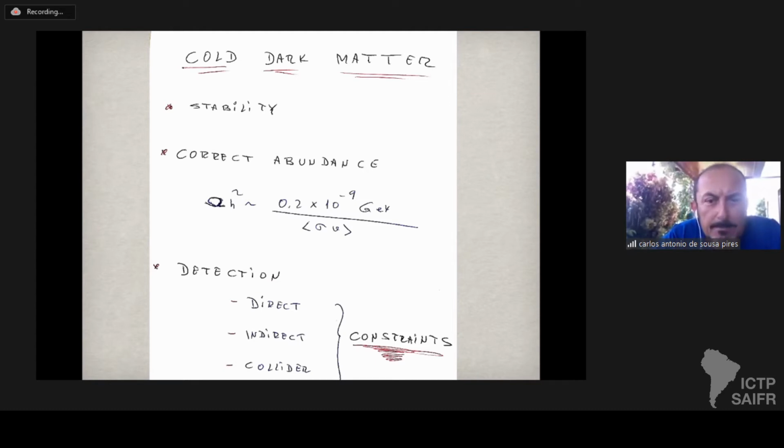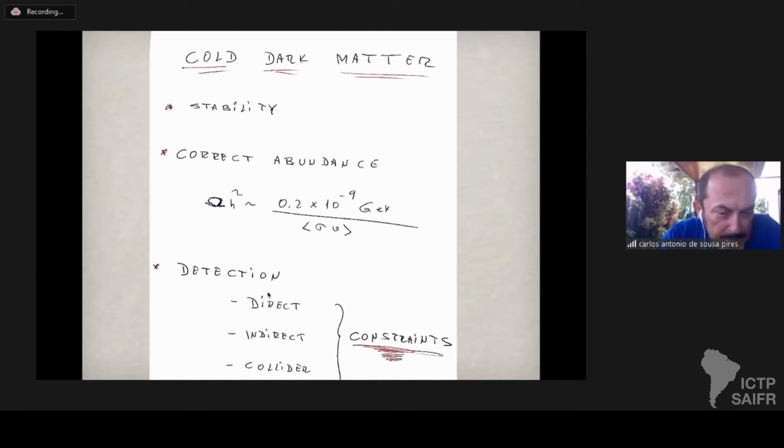The abundance may be given by this expression here, but there are packages that calculate the abundance, for example micrOMEGAs.